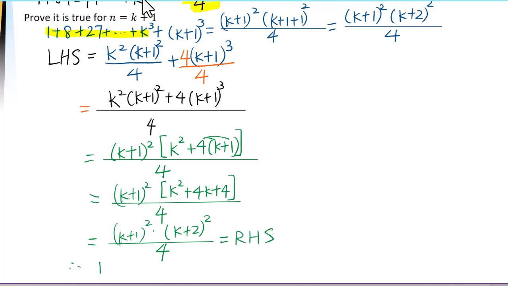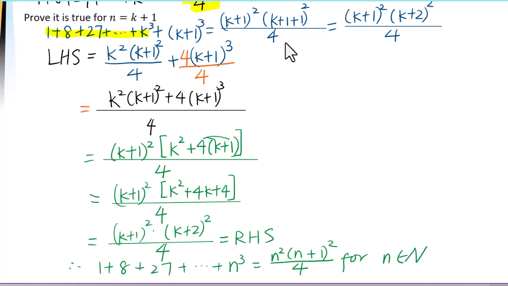So 1 plus 8 plus 27 plus ... plus n to the third power equals n squared times n plus 1 squared over 4, for n is all natural numbers.